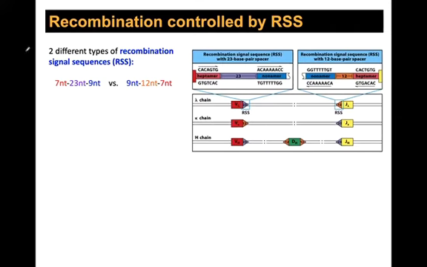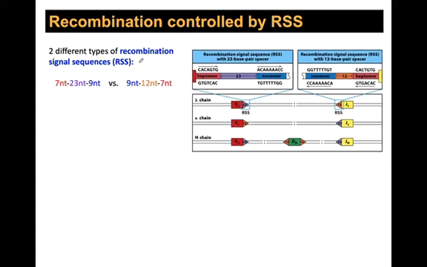So how does this work? Well, if you're going to have a system for recombining DNA, you can imagine that that is fraught with perils in terms of generating cancer. For example, taking a strong promoter and putting it in front of a proto-oncogene will give you a tumor cell. Okay, so you don't want this to happen randomly in the DNA. And so this is controlled by the RSSs, which are recombination signal sequences.